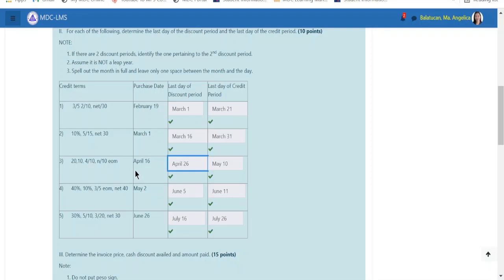Okay, next we have June 26. 26 plus, we will use the second discount. So 26 plus 20, so that's 46 minus 30 days in June. So that would be 16. So July 16. Next, we have 30. 26 plus 30 minus 30 days in June. That's 26. So July 26.